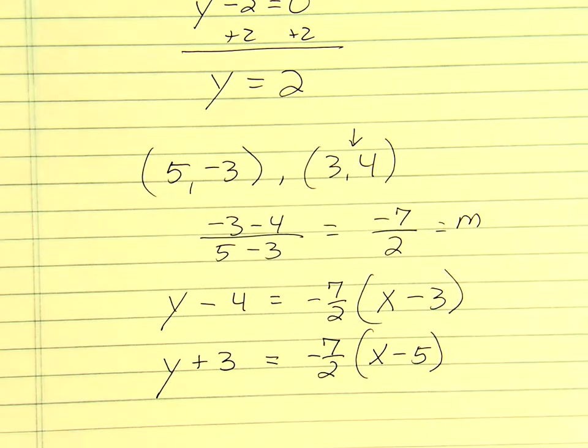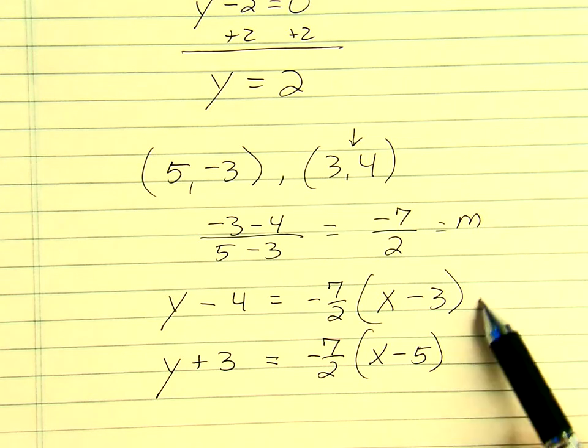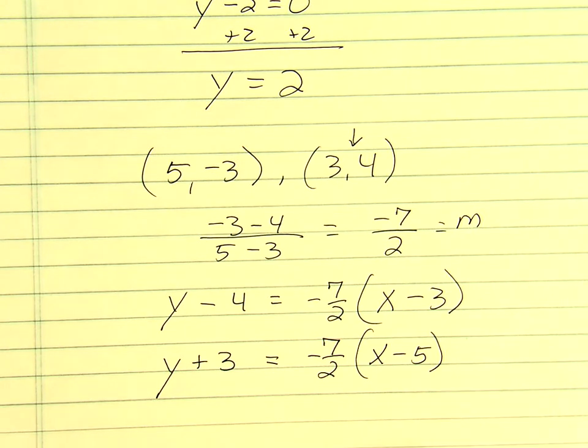Now, if you actually solve for this, you'll see that both of these equations will come out to the same slope-intercept form. And we will be working so that we go back and forth between all of these forms.